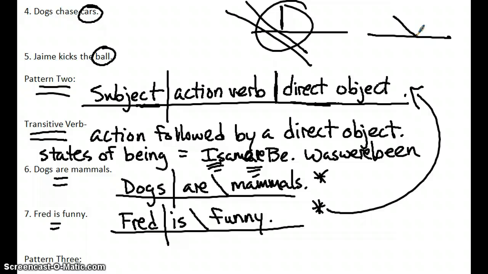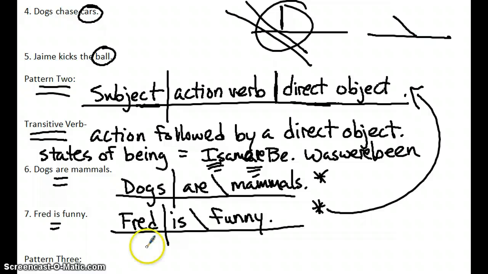Think about it. It can't be a direct object because a direct object is acted upon, which means you need an action. Well, the mammals aren't being ar'd by the dog. Funny isn't being is'd by Fred in the way that the ball is kicked by Jamie or the cars are chased by dogs. Instead, we have our third sentence pattern, and here it is.